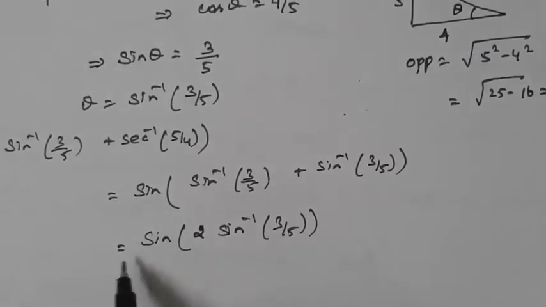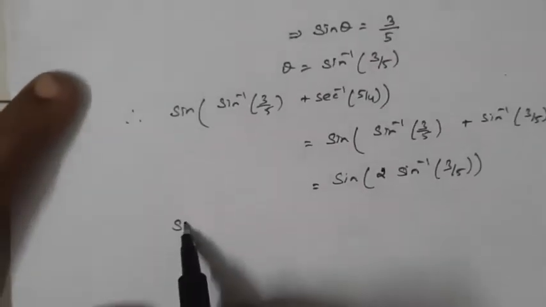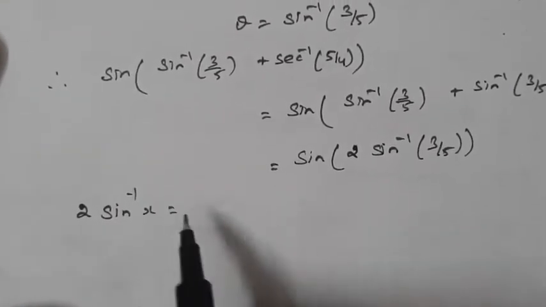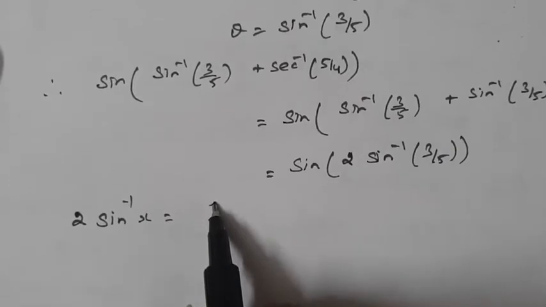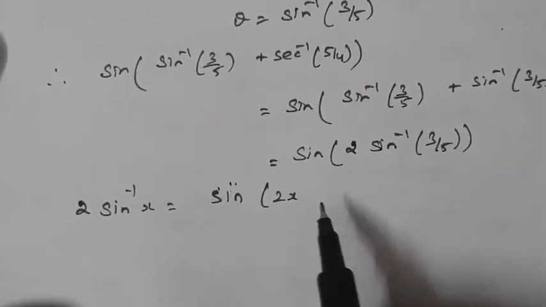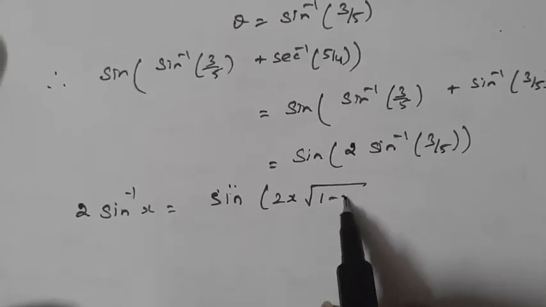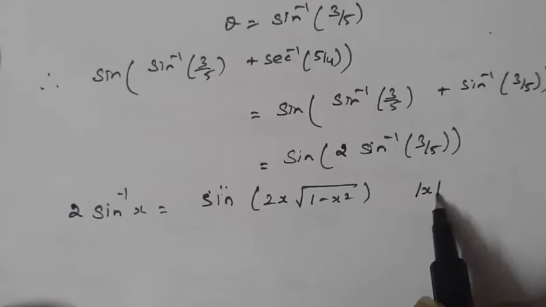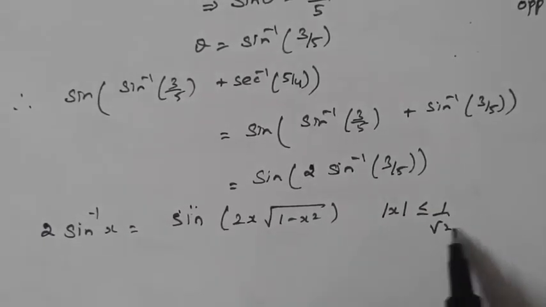Now this reminds us of the formula: 2 times sine inverse of x is equal to sine inverse of 2x into root of 1 minus x squared, where modulus of x is less than or equal to 1 by root 2.